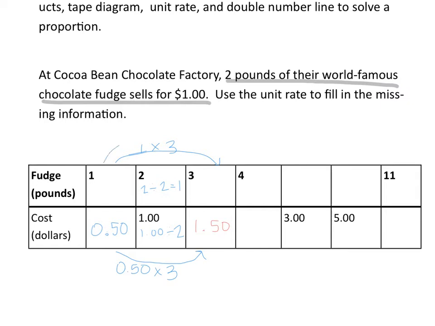And then to get from 1 to 4, that's going to be 1 times 4. So we come down here and say 50 cents times 4, that's going to give us $2.